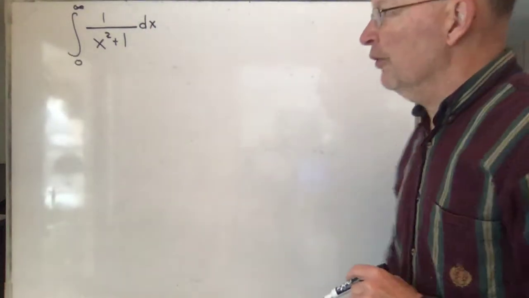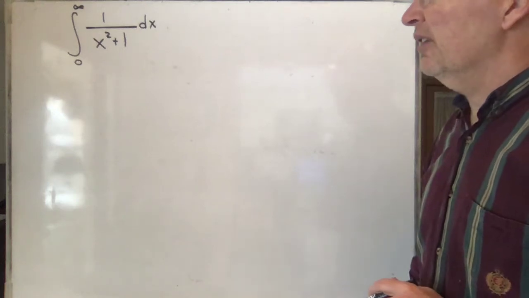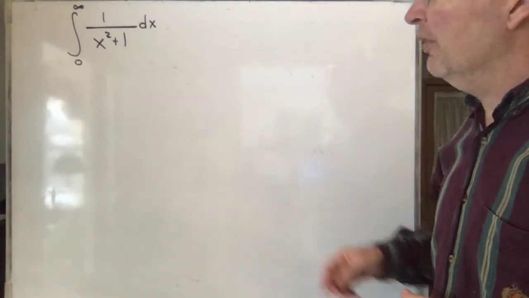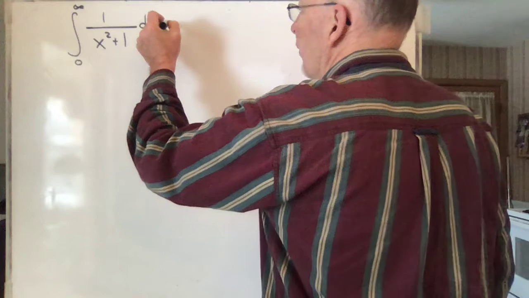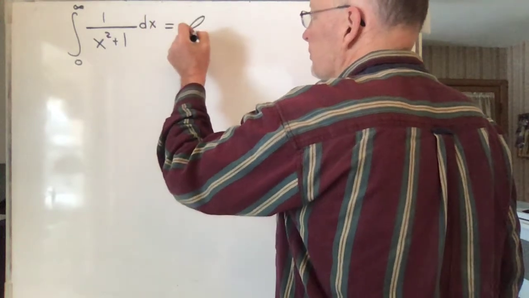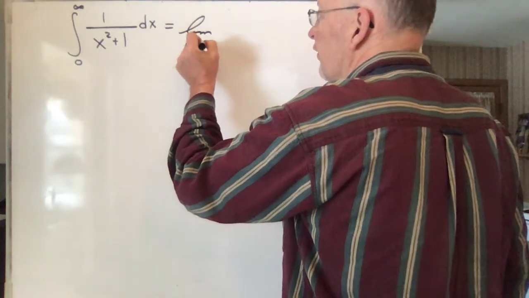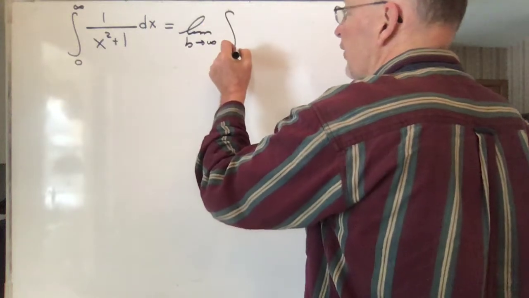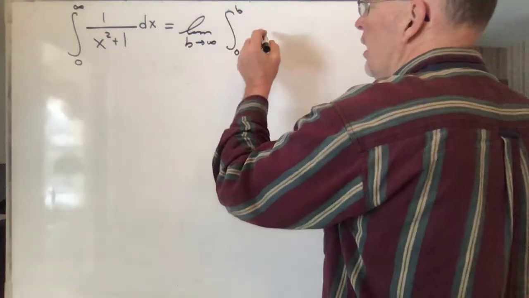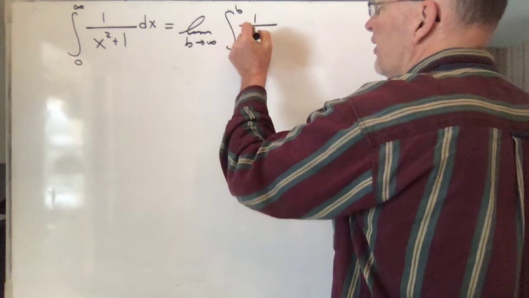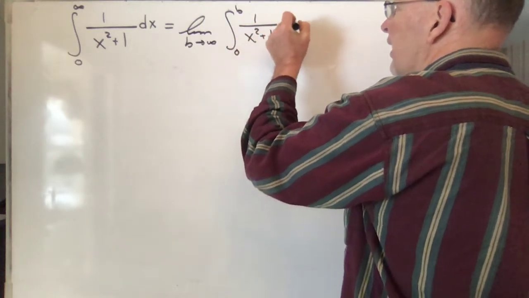Okay, so those are the kinds of things that you need to keep in mind as we go through problems together. So let's do this one, and I'm going to first of all show you kind of a lazy way to just save a few steps. We could start off by writing this as equal to the limit as b goes to infinity of the integral from 0 to b of 1 over x squared plus 1 dx.